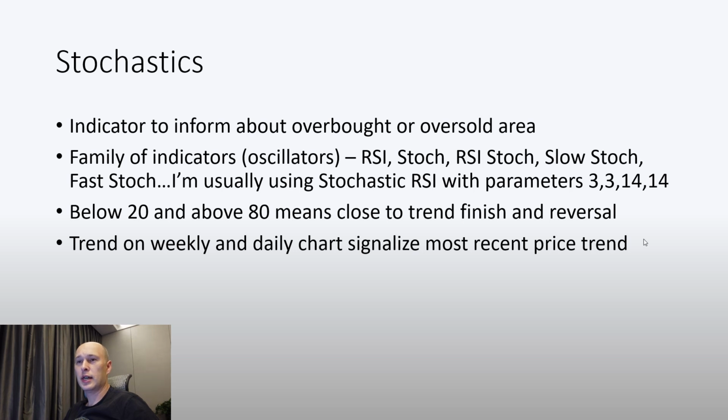For me, important are points 20 and 80, which means these are points where we are coming to the end of the trend. And I'm using them on different time frames, charts for weekly, daily, even 5 minutes chart or 1 minute chart when I'm doing day trading. So it's a very useful indicator.